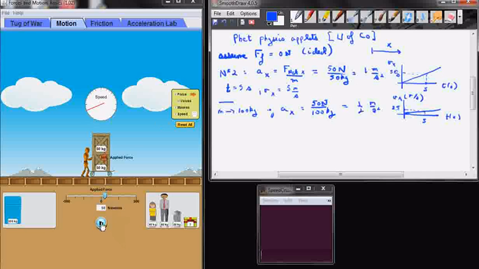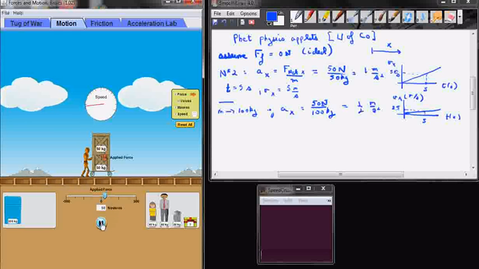Before I do this, make a prediction on your own as to how long, based on this data, it's going to take the 100 kilograms to reach 5 meters per second. And see if you agree with what we get. 1001, 1002, 1003, 1004, 1005, 1006, 1007, 1008, 1009, 1010. Okay, pretty close to 10 seconds.